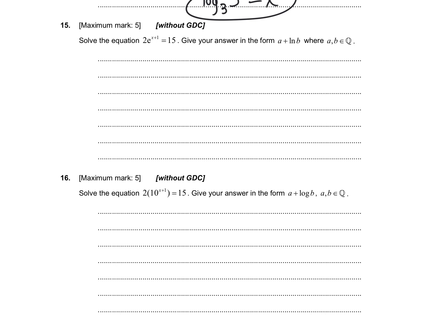With this one, we have to first get the exponential by itself, so we're dividing by 2. Now we can write it logarithmically. So log base e of 15 over 2 equals x plus 1, and then we just have to subtract 1. So a is -1 and b is 15 over 2.